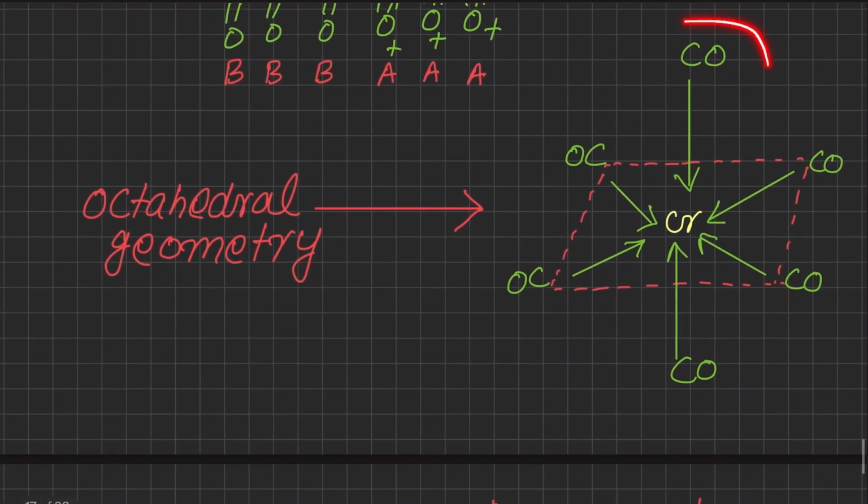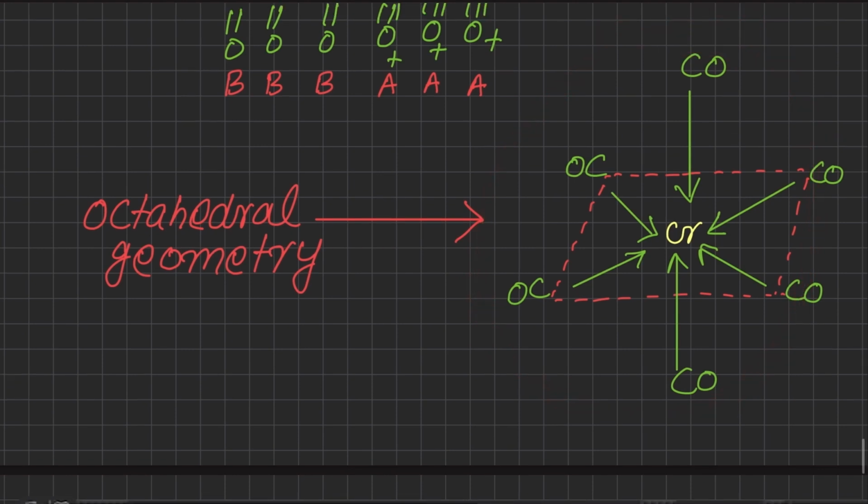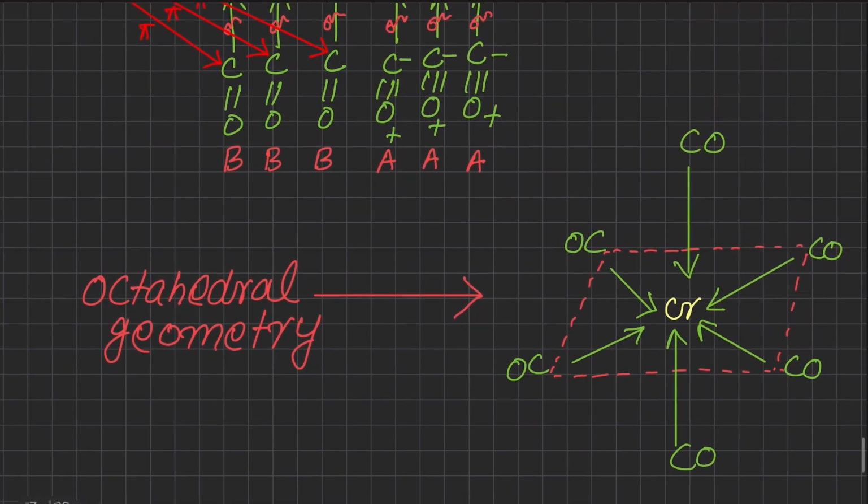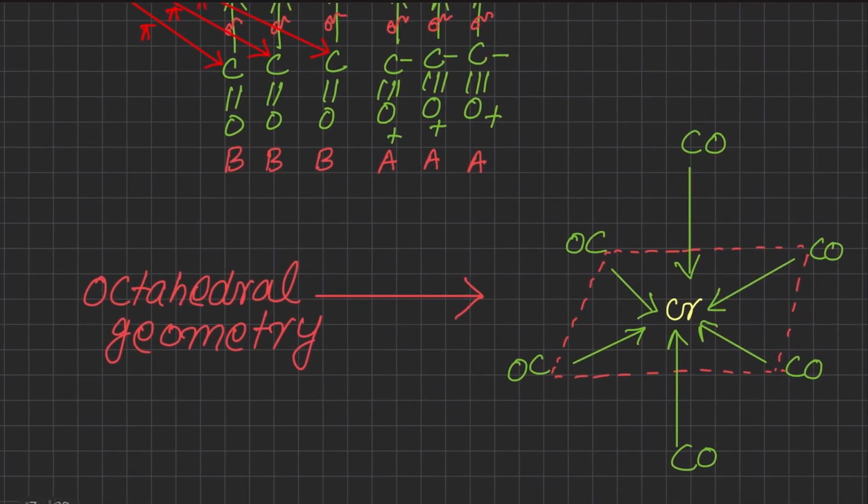So in the diagram represented here, the diagram of chromium hexacarbonyl with octahedral geometry, we can represent that at least three of these carbonyls are attached to the metal through a pi bond too, whereas three are attached only with a sigma coordinate covalent bond.